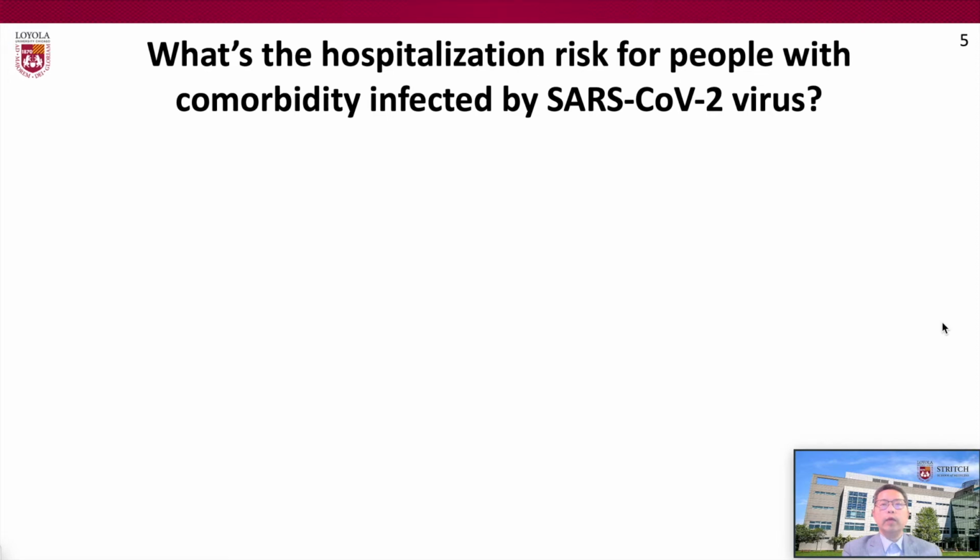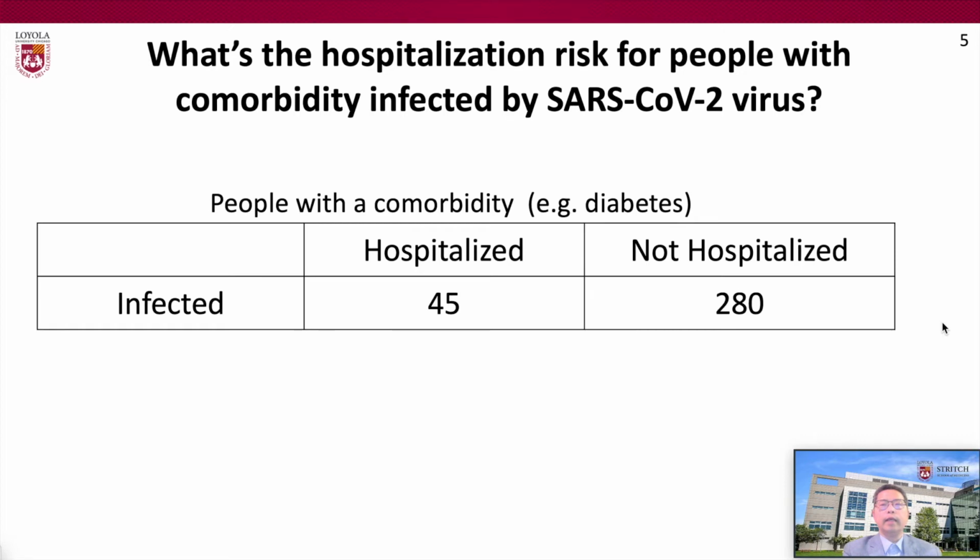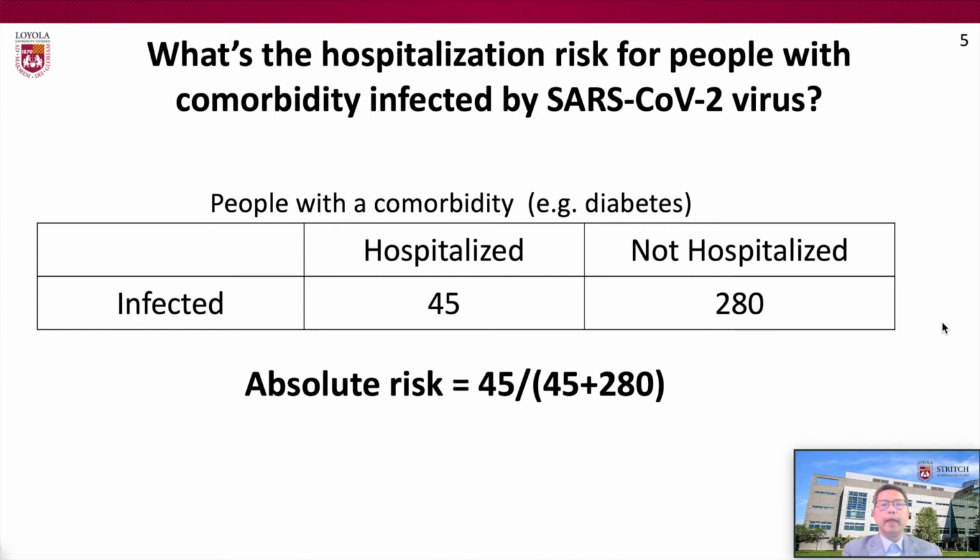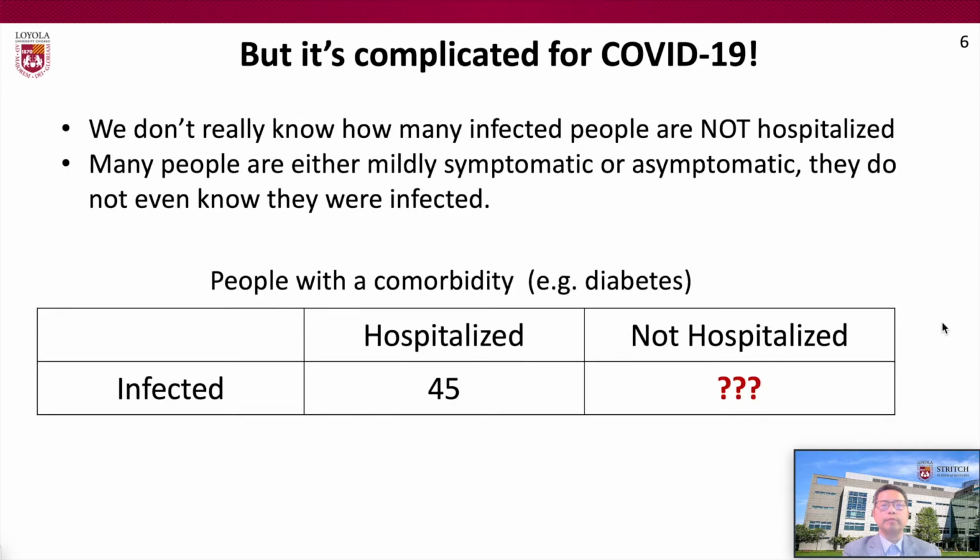The question we are interested in is: what is the hospitalization risk for people with comorbidity infected by the SARS-CoV-2 virus? Ideally, we can analyze how many of those people with some medical conditions who are infected become hospitalized. Based on those numbers, we can calculate absolute risk or other types of measurements.